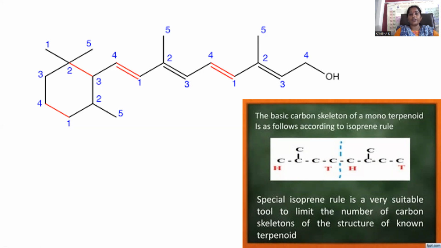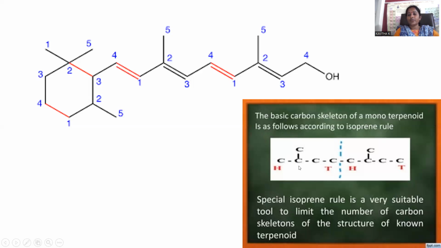If 4 isoprene units are present in the given organic compound, we can say it is a diterpenoid. And moreover, we can notice one ring structure, so monocyclic diterpenoid it will be.